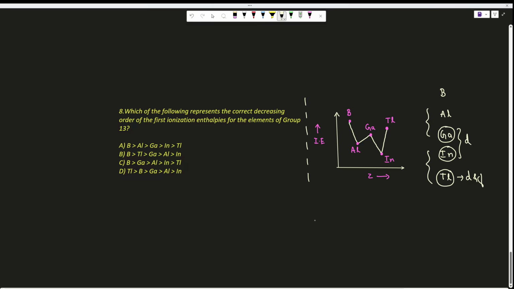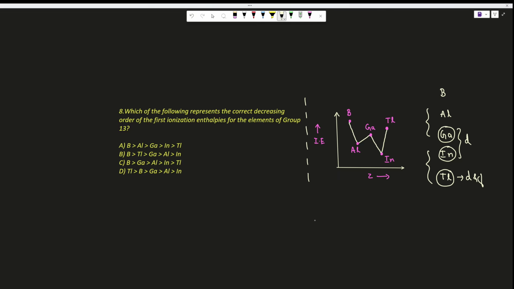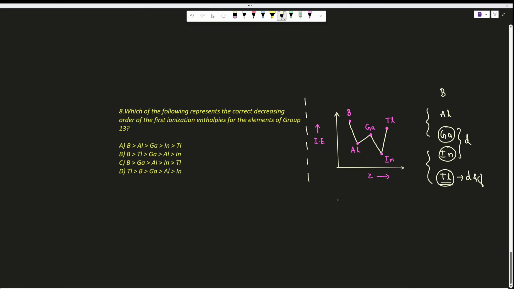But due to that exception, the variation in values is huge. So you cannot just exchange the positions of aluminium and gallium and these two. Thallium, the last element, will have a much higher value.